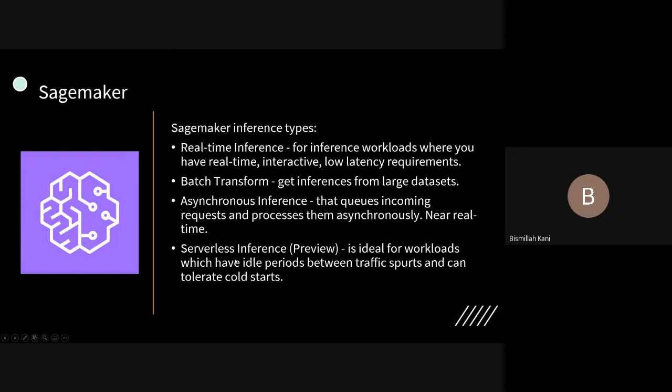Serverless can be a very good choice for such intermittent, unpredictable loads for your model. You deploy it as serverless, and you pay only for the invocations that happen. It is similar to Lambda. This is a Lambda version of SageMaker.